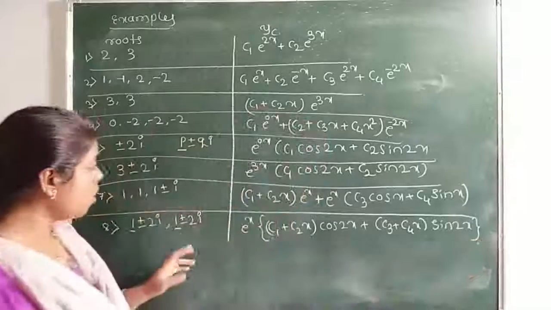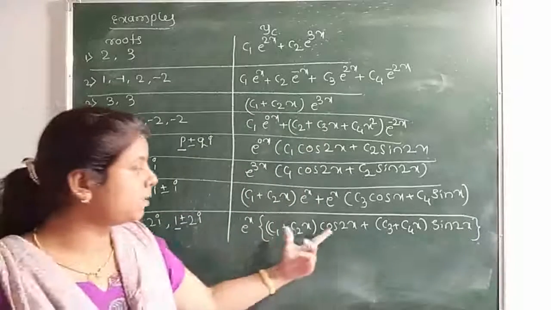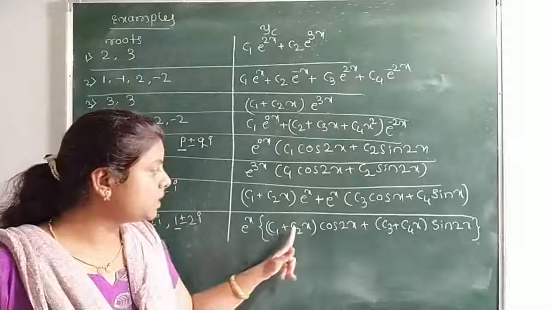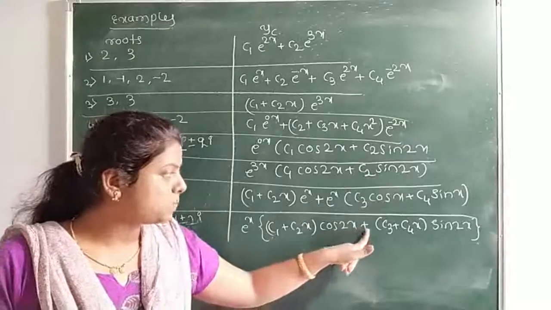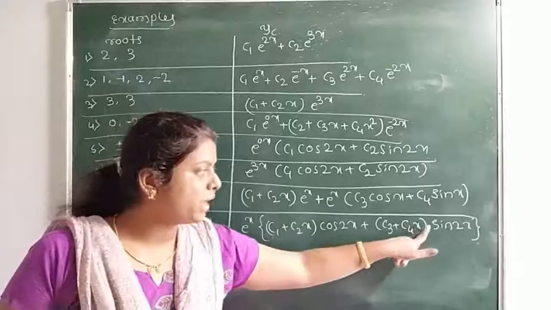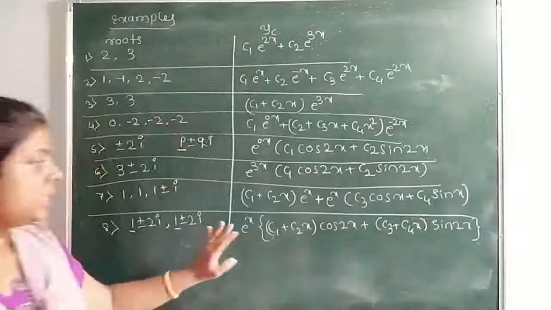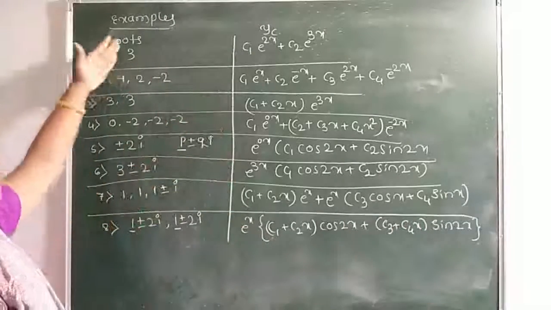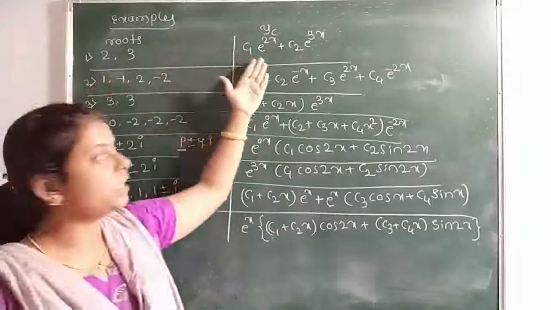Which means when the complex roots are the same, you write c1 plus c2x cos 2x plus c3 plus c4x sin 2x. Like this you have to write the roots in a complementary function.